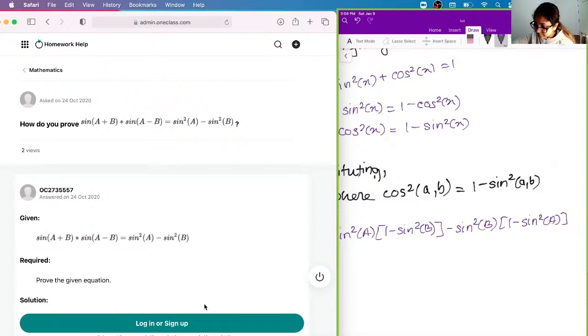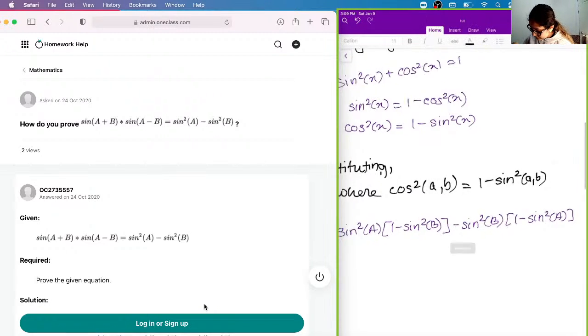Okay. And so we can just further simplify this.